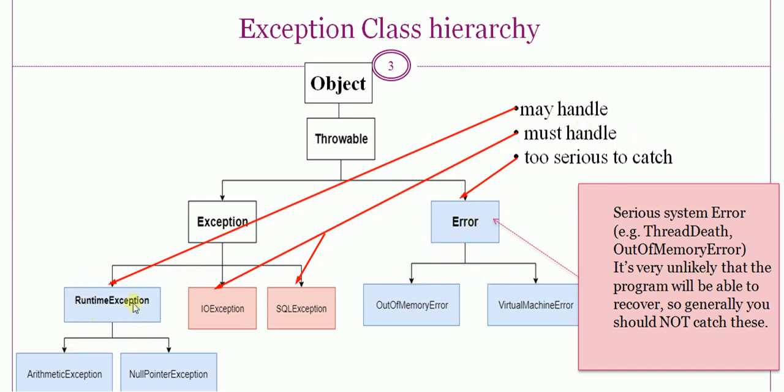Also, regarding runtime exceptions, those you may handle, but we call them unchecked exceptions. What do we mean by unchecked exception? Java will not force you to handle those types of exceptions. You'd rather avoid them. Some examples of runtime exceptions are arithmetic exception, which is dividing by zero, for example.